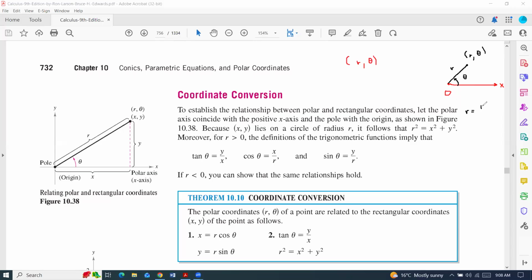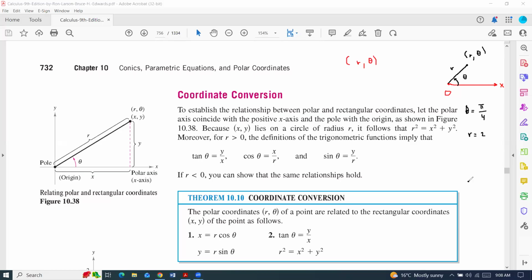Theta is pi over 4, and then radius r is equal to 2, for example.